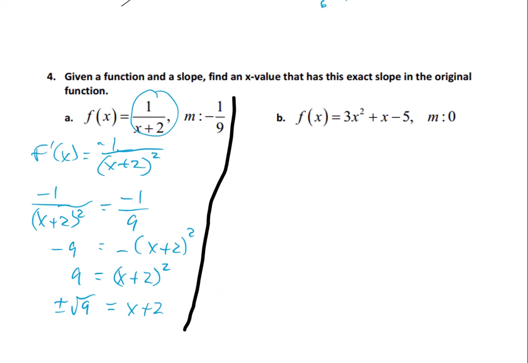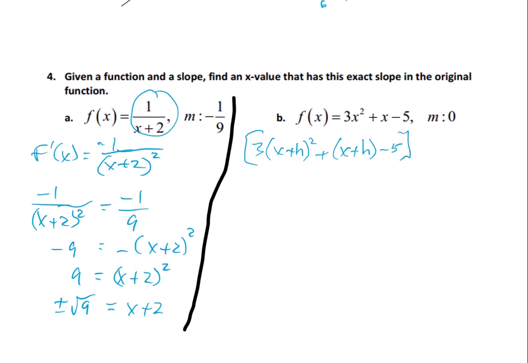Here our function is 3x squared plus x minus 5. So every place I see an x, I'm going to put an x plus h. So my y2 is going to be 3 times (x plus h) squared plus x plus h minus 5.